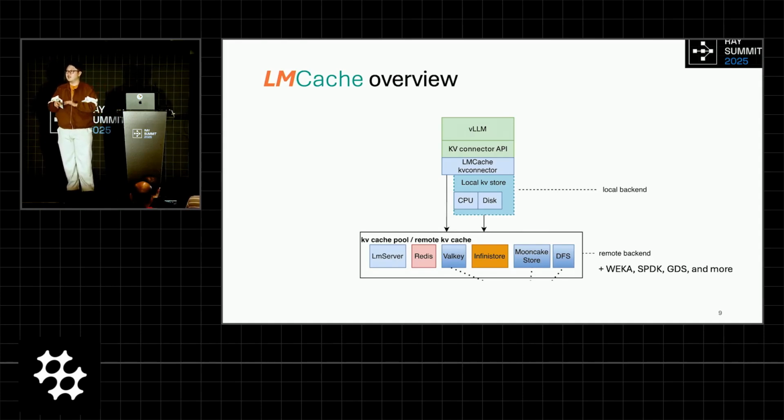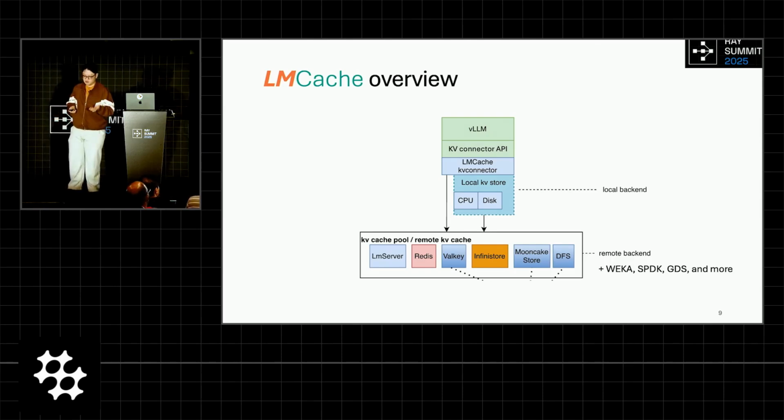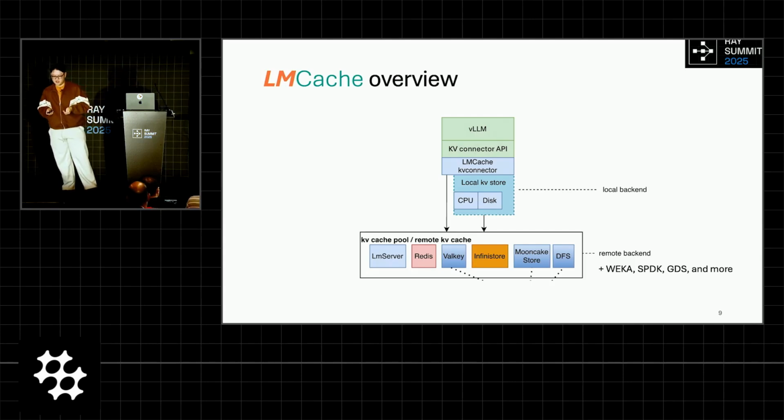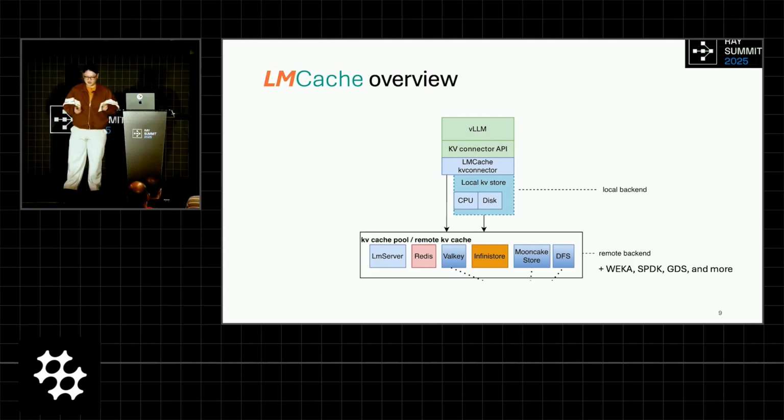One is media attached to the local node, for example CPU DRAM and disk. There's also a separate component that operates on remote data. For example, it can be a remote server, Redis, vLLMCache, Infinity Store, Mooncake Store, DFS, and of course there will be Ray, and we are working on it.